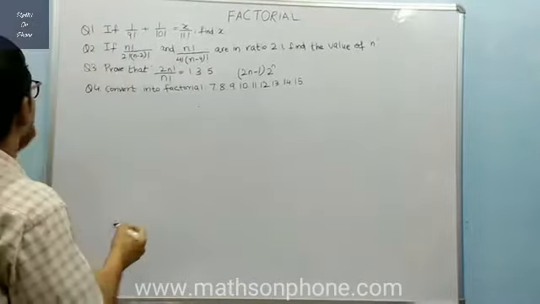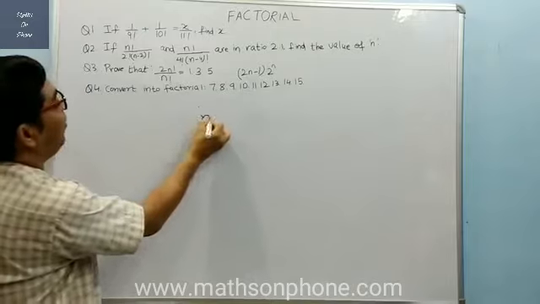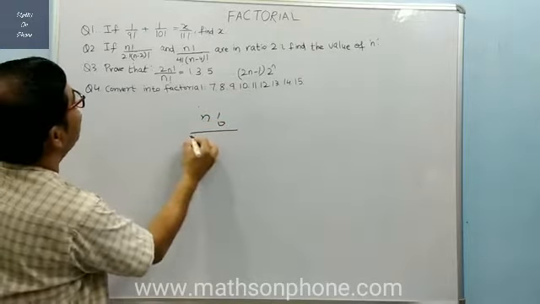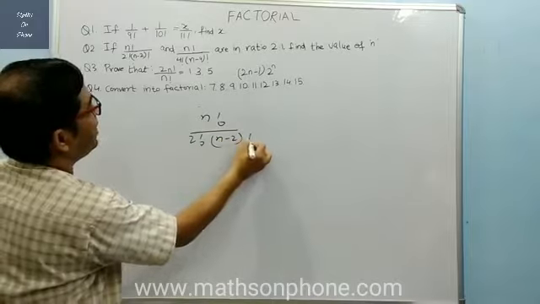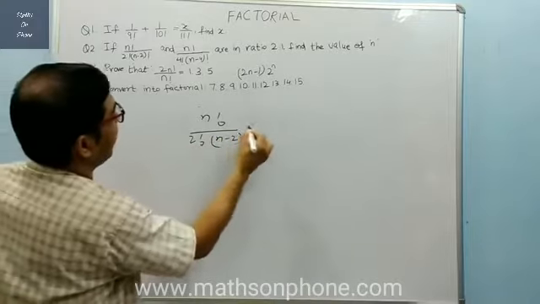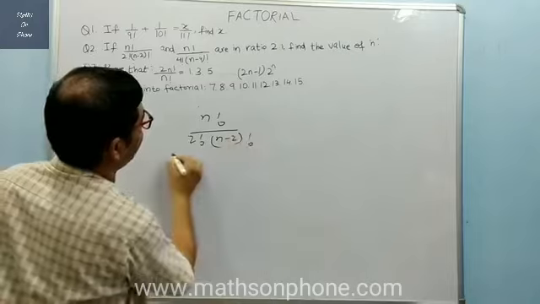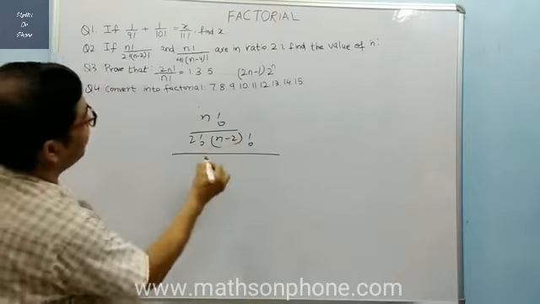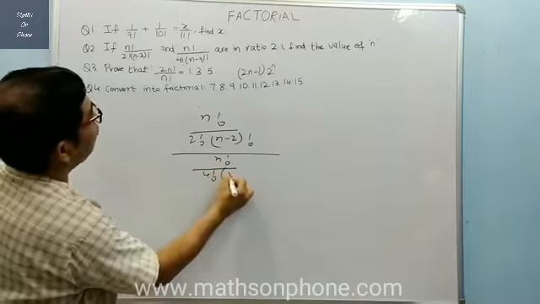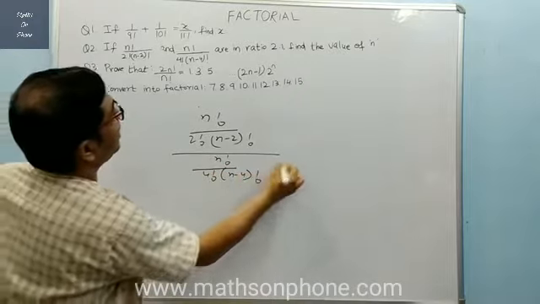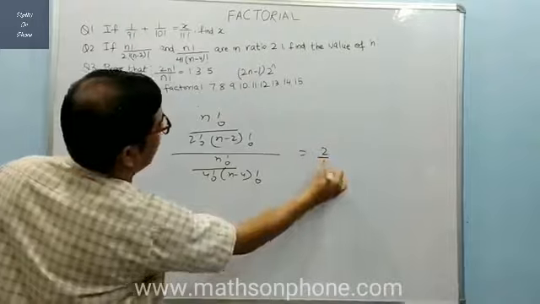Second question: if n factorial by 2 factorial, n minus 2 factorial is 2, that means divided by n factorial by 4 factorial into n minus 4 factorial is given 2:1.